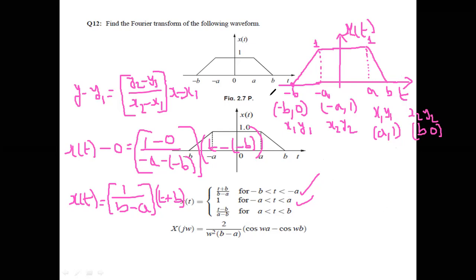Use this formula: y minus y1, y1 is 1, is equal to y2, 0, minus y1 by x2, b, minus x1, a, into x, that is t, minus x1.